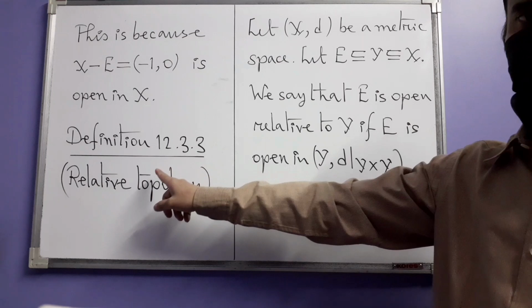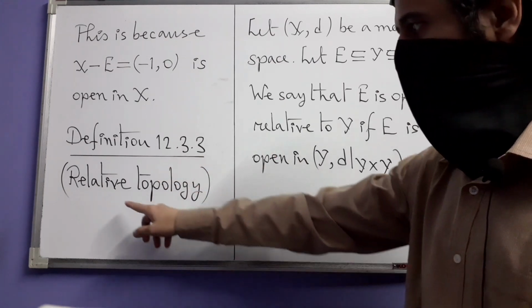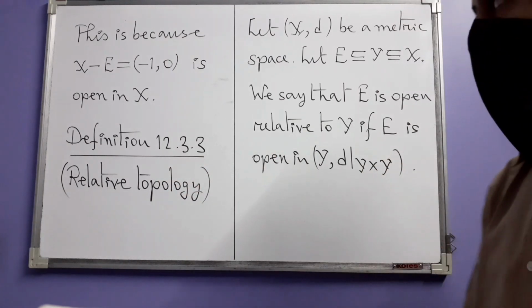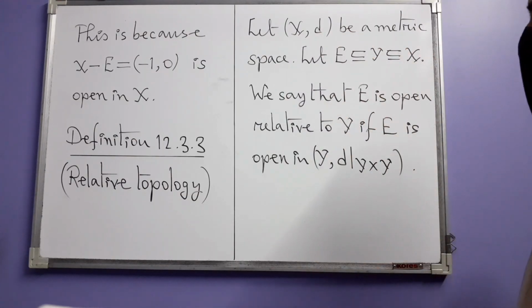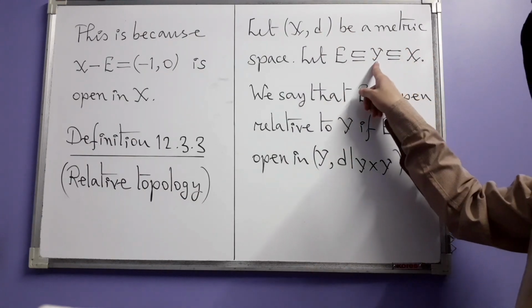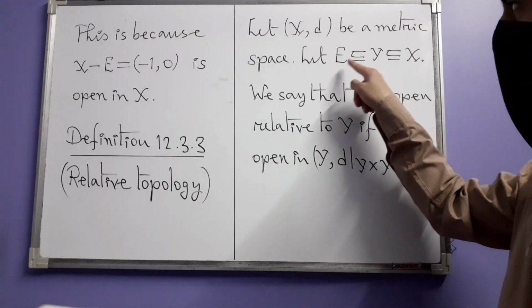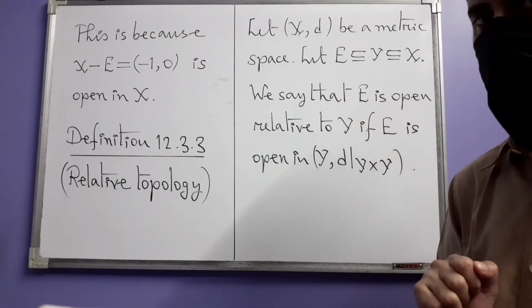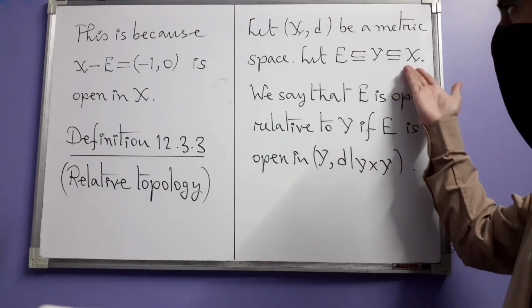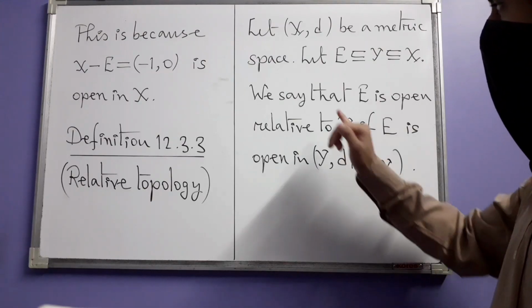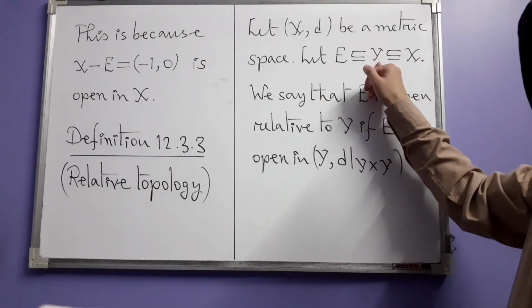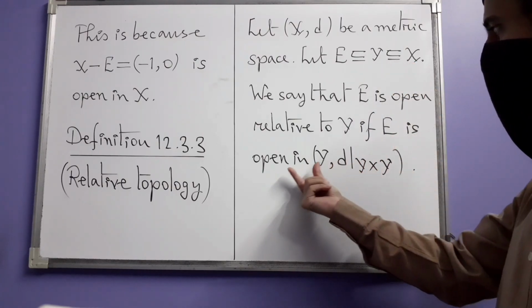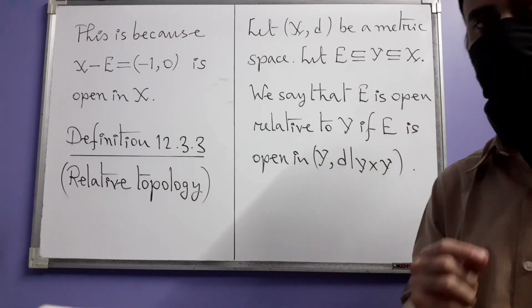So we have this next definition 12.3.3, relative topology. Say your (X, D) is some metric space in which you have a subset Y, and in Y you have a subset E. Okay, so you already understand why we are taking these things. We say that E is open relative to the subset Y if E is open in this subspace.